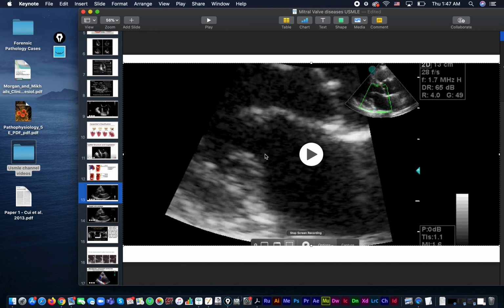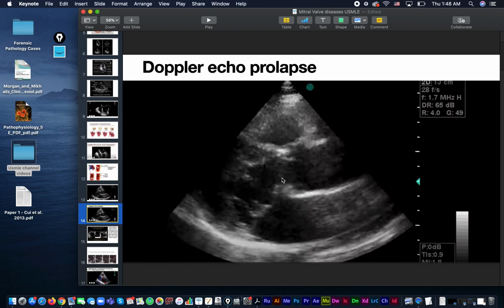What did we just learn? A prolapsed valve causes mitral regurgitation. So why do we have a different classification?